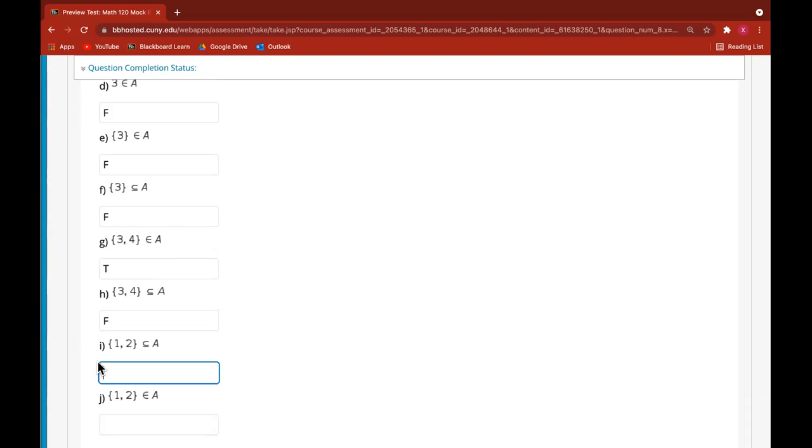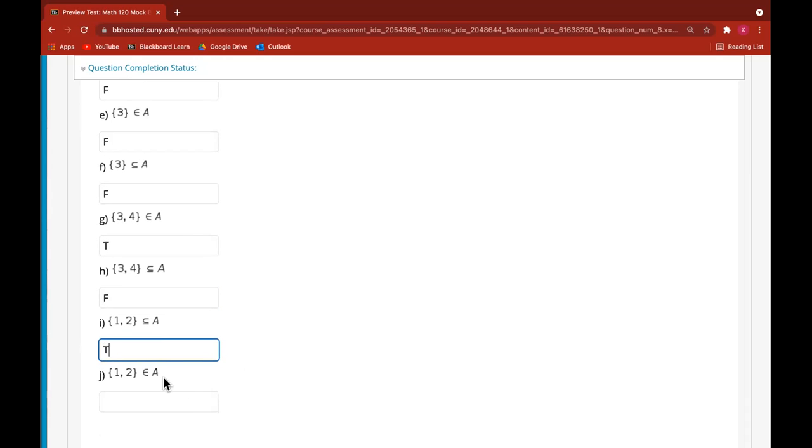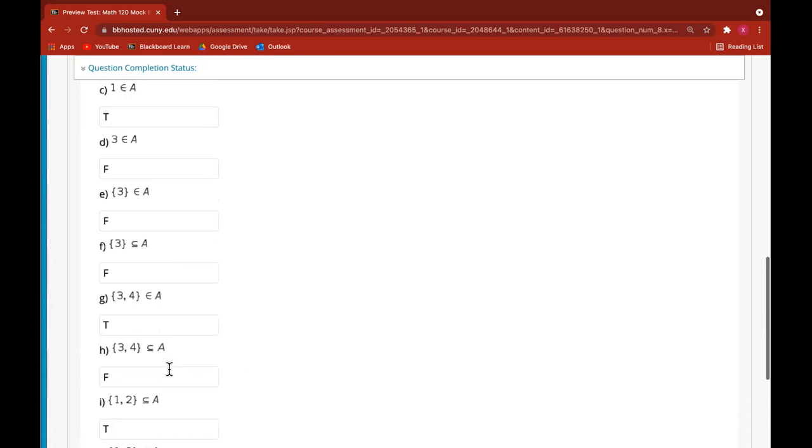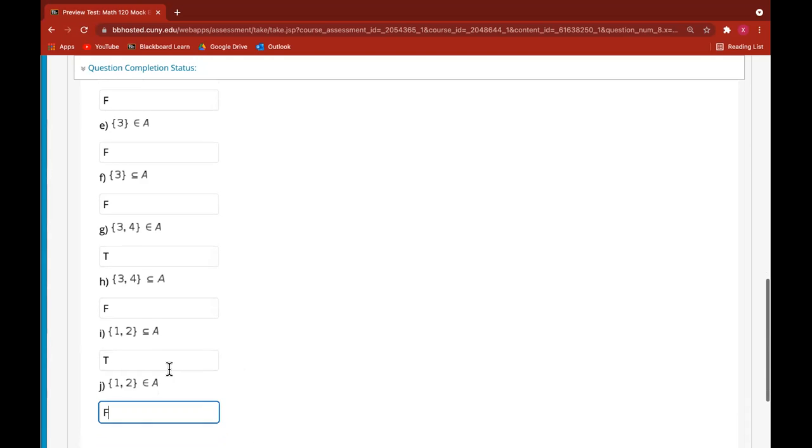Now, what about, is the set containing 1, 2 a subset of A? Yes. Now, is it an element of A? False.